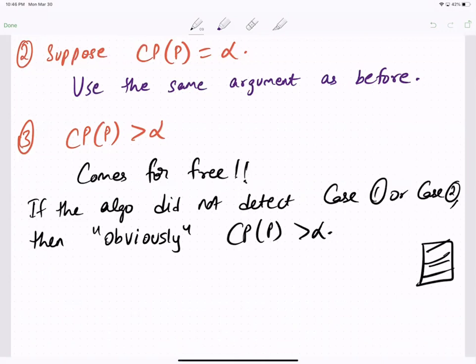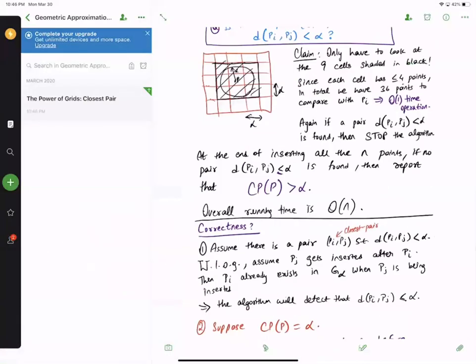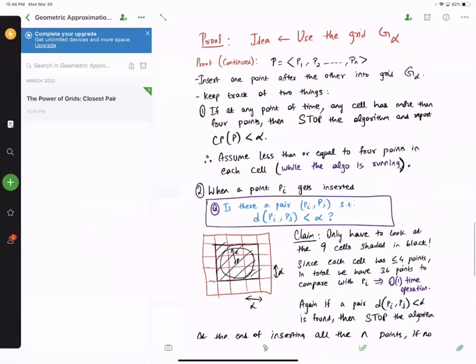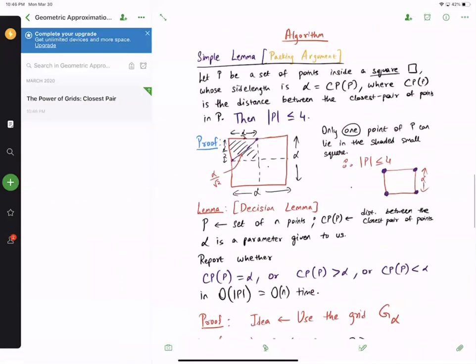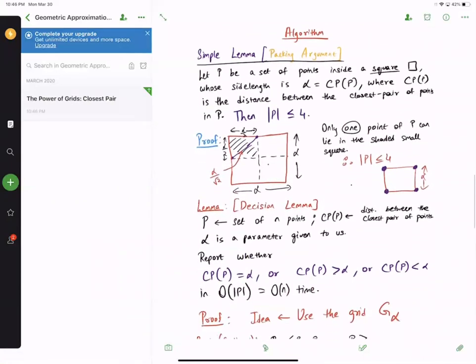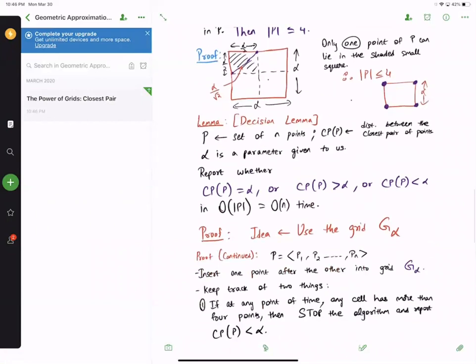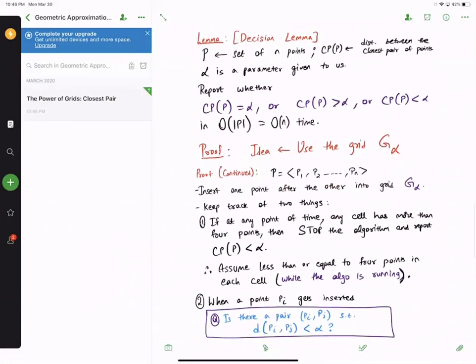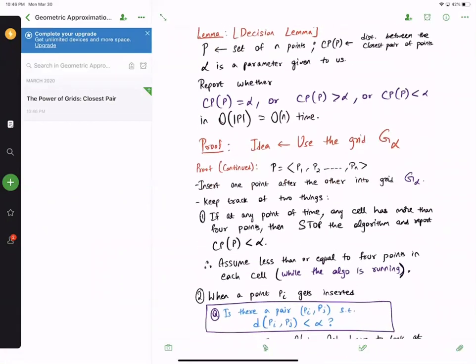Okay, so this was a packing argument we made, and then we had to solve this decision lemma. So all we said is construct this grid G alpha, insert points one after the other. Anytime you see more than 4 points in a cell, then you have found out that the closest pair is less than alpha.